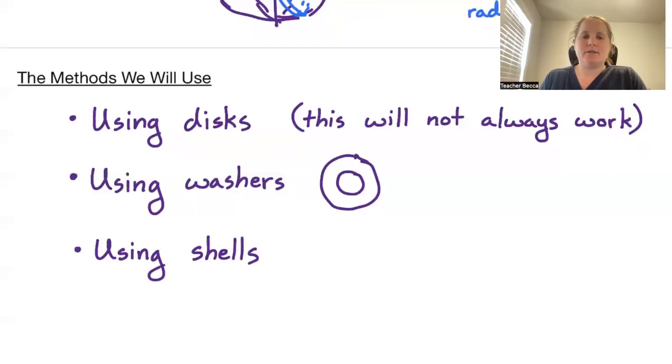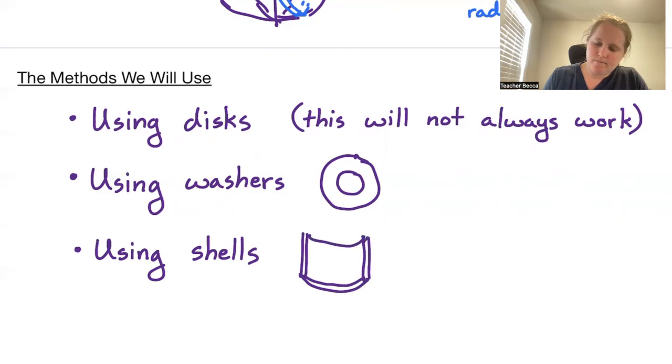Shells are maybe the hardest to conceptualize, but they actually are convenient. Shells, instead of discs, we essentially think of something as an onion. And we take layers after layers of sort of cylinders.